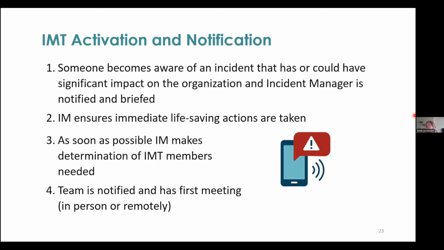So you would activate your incident management team, and maybe you hear about it because all of your team, 1, 2, and 3, if you have a 3 backup, all get notified. So you all know this is happening. So maybe somebody lets the incident manager know, or the incident manager already knows. So you're notified and you're briefed on what's happening, or you educate yourself on what's happening in the external environment.